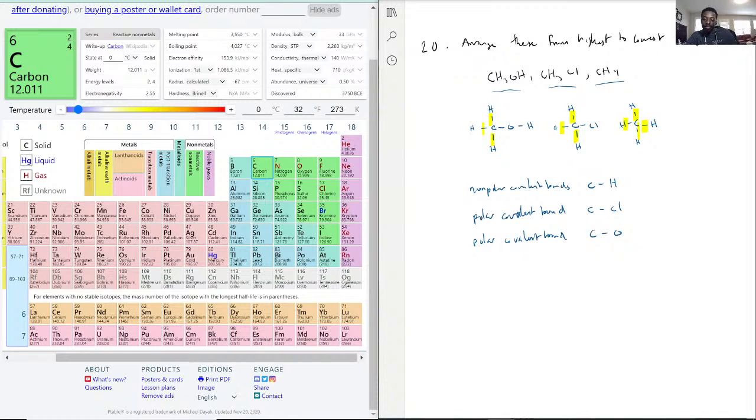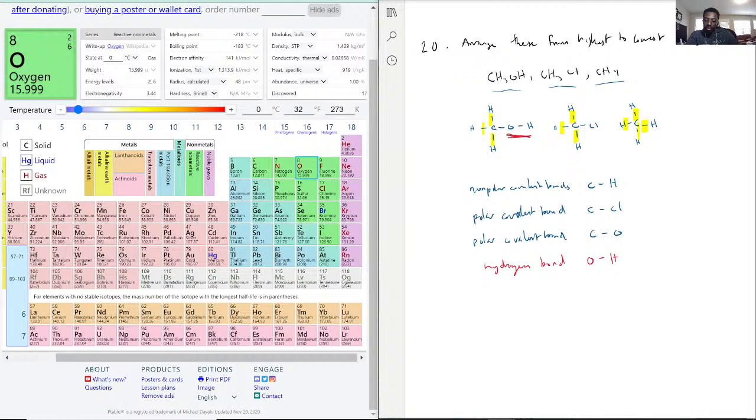And now for the last one we have O to H. That one we can write as a polar covalent bond, but you have to recognize that this O-H is actually a type of hydrogen bond.